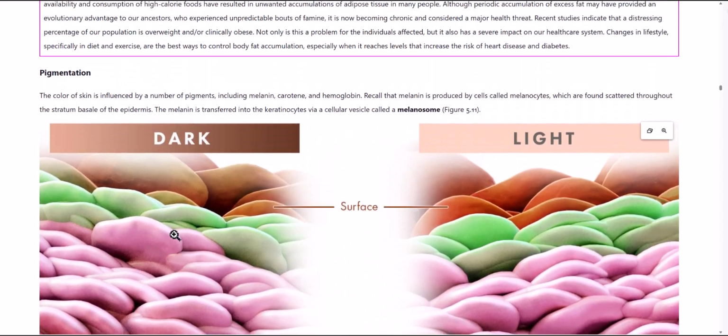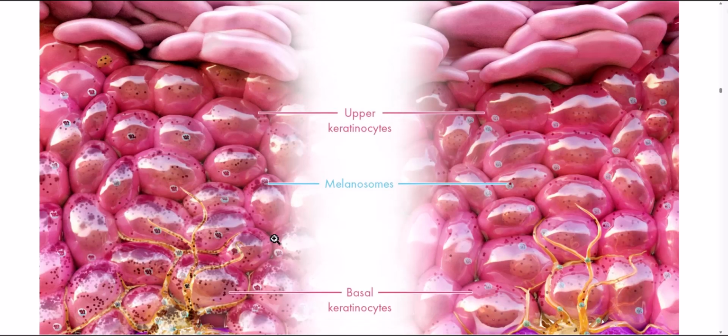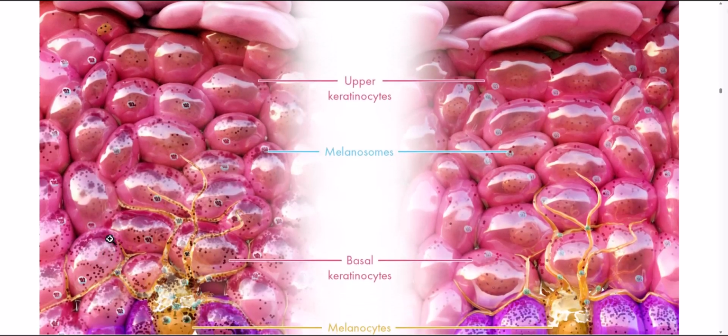Recall, zome is a little body. So melanosomes are just little vesicles that are released through exocytosis from the melanocyte. And those little vesicles are going to spread up through the cell layers, giving our tissue, the epidermis, its color.